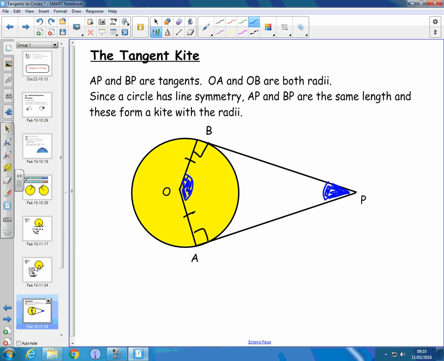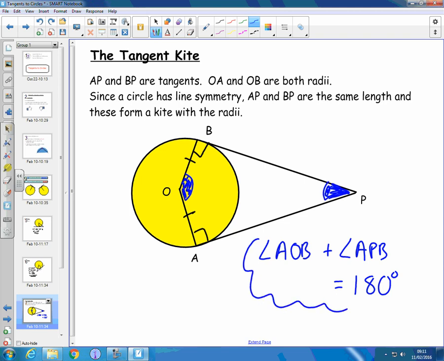That must mean the angle AOB plus angle APB is equal to 180 degrees. So we're going to use that fact. So this fact here, I'll just put it in a bubble. We're going to use that fact in problems, another problem as well today.